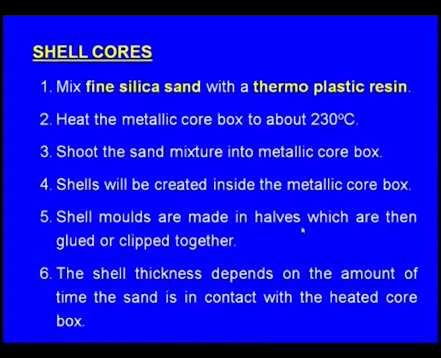The shell thickness depends upon the amount of time the sand is in contact with the heated core box. The longer we keep it inside the metallic core box, the larger will be the thickness. So, it all depends upon how long we keep it inside. These are the typical shell cores.